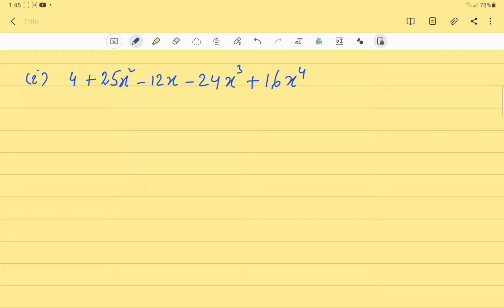In this expression we have x occurring many times with different powers. So what we will do, we will arrange this expression in descending powers of x. So we will write it like 16x raised to power 4 minus 24x raised to power 3 plus 25x raised to power 2 minus 12x plus 4.